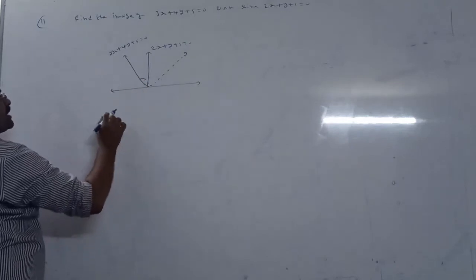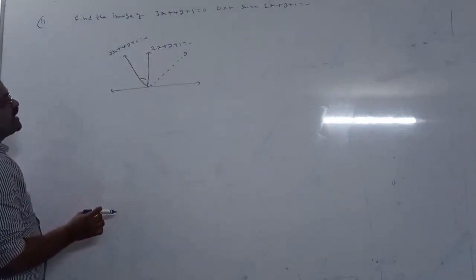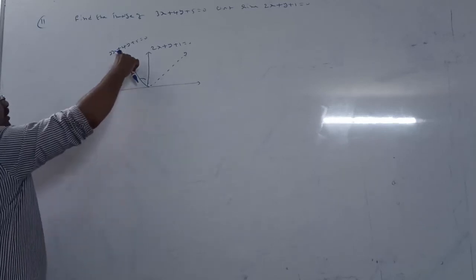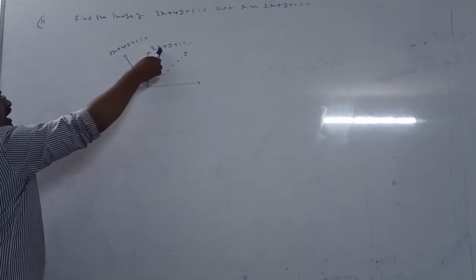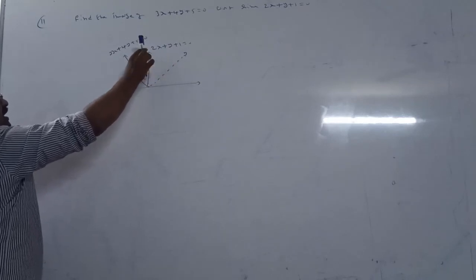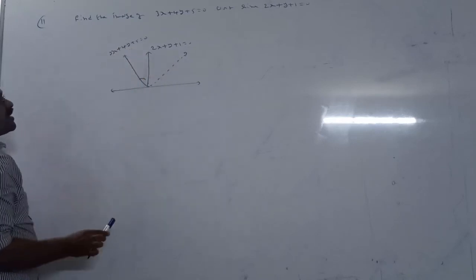That means obviously the line 2x plus y plus 1 equal to 0 is one of the angle bisectors of both lines. Then obviously the second is called the image of the first line with respect to the given line.